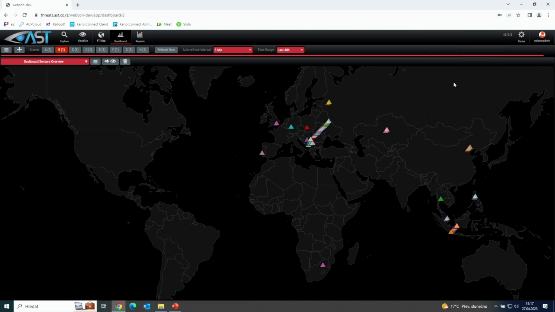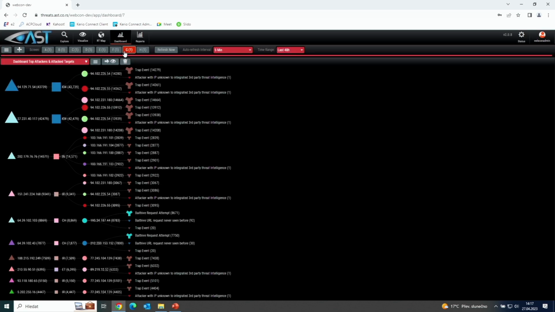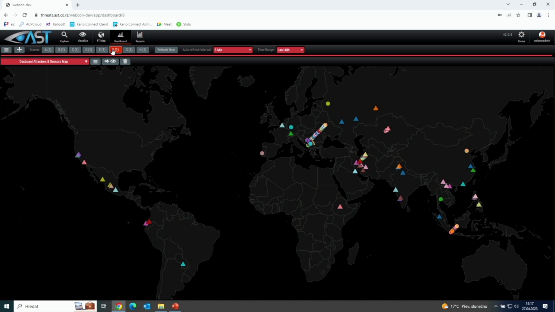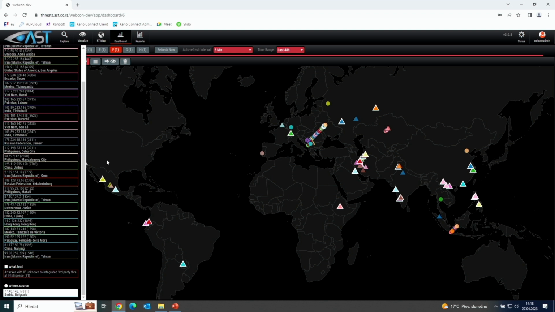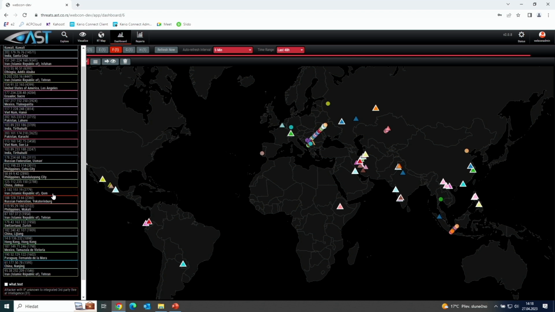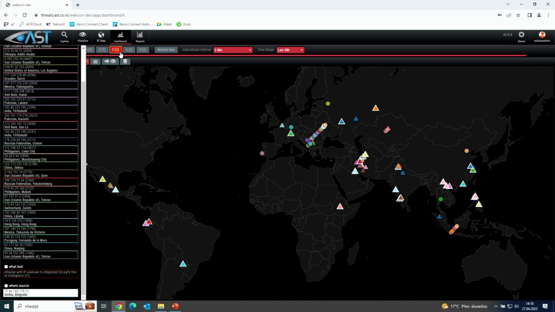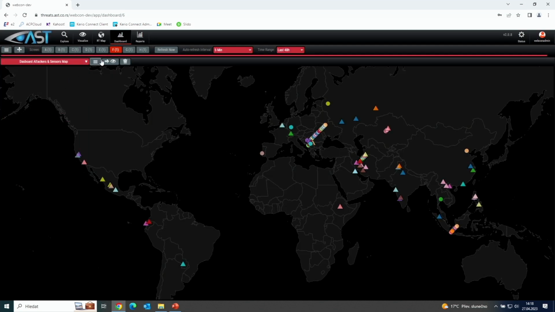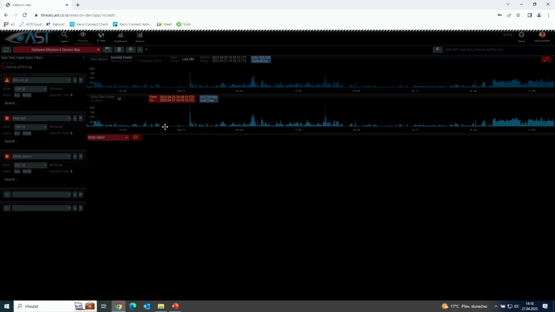So here is the map of active clones or sensor traps. Here we can see the attacks, the IPs that are attacking those traps, and so we can visualize those attacks.